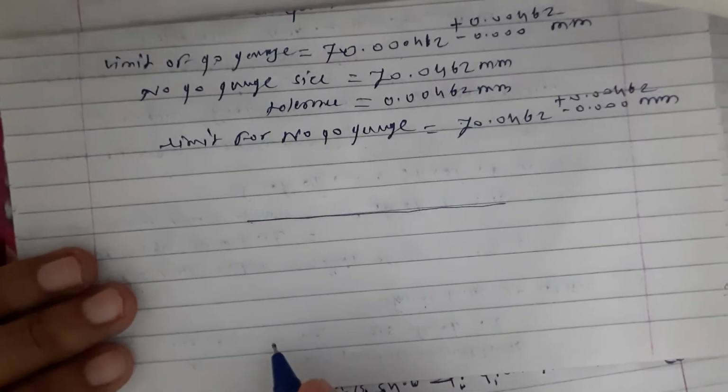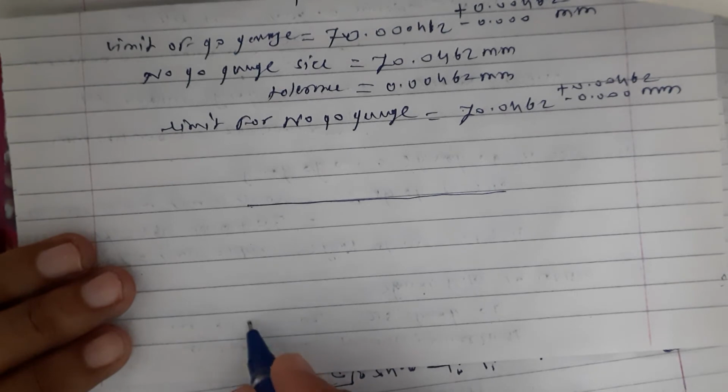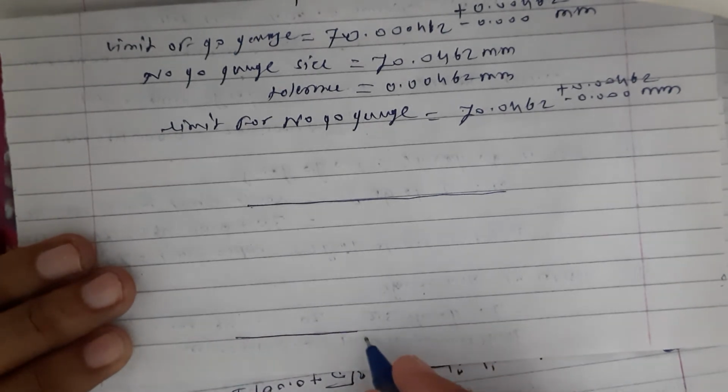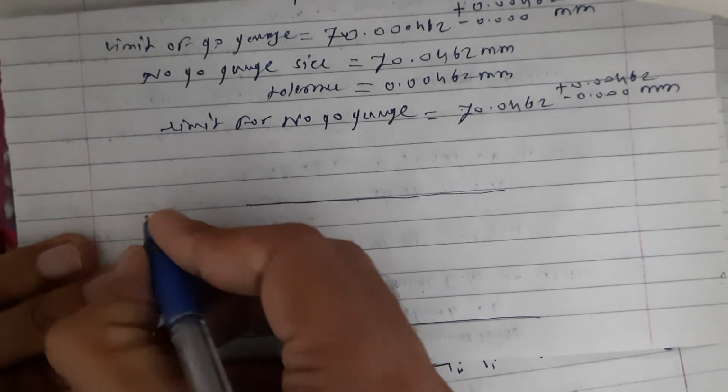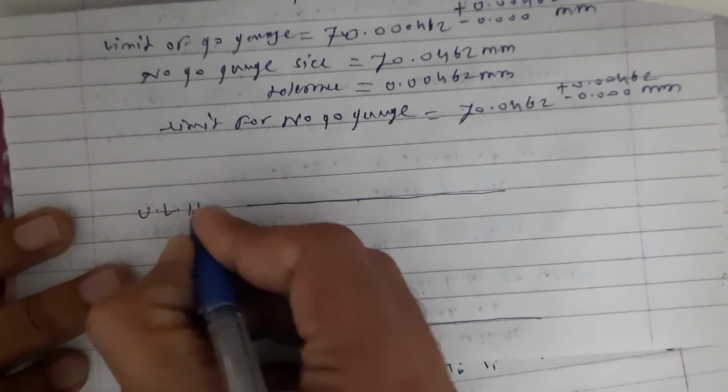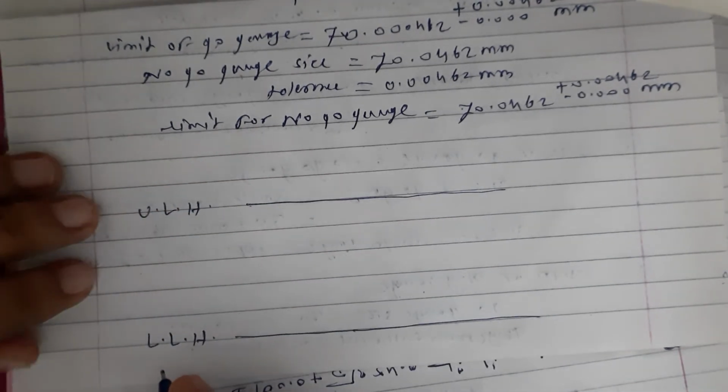In between, see, there are two limits. First is the lower limit of the hole and this is the upper limit of the hole. Both values we have calculated.